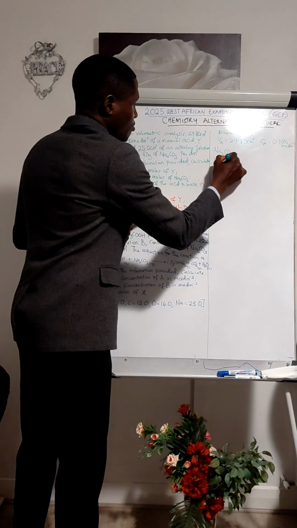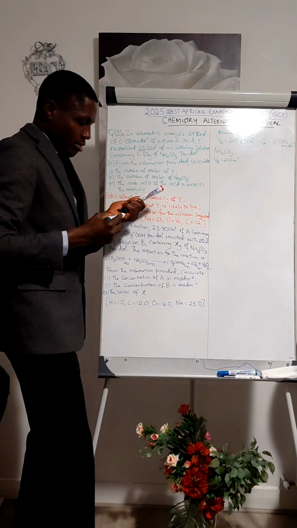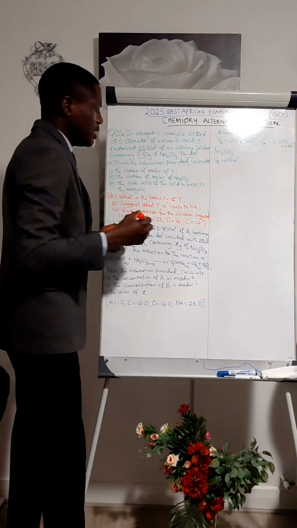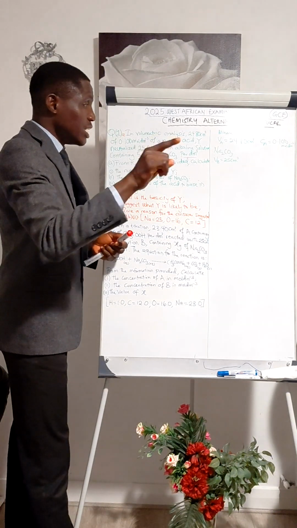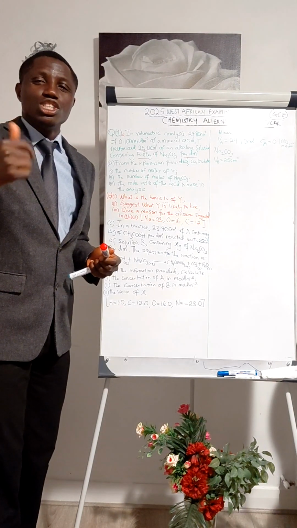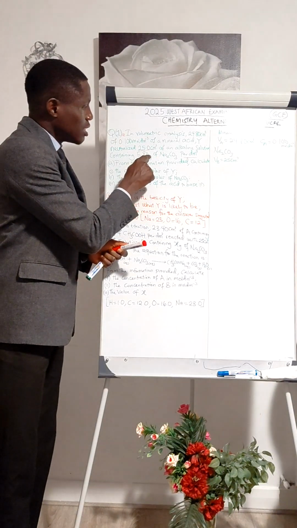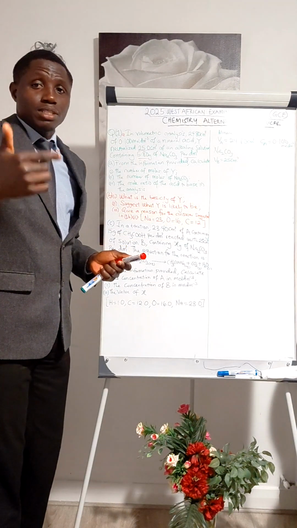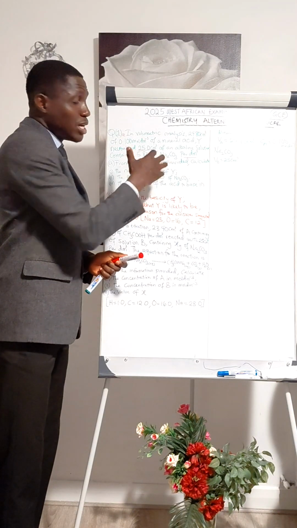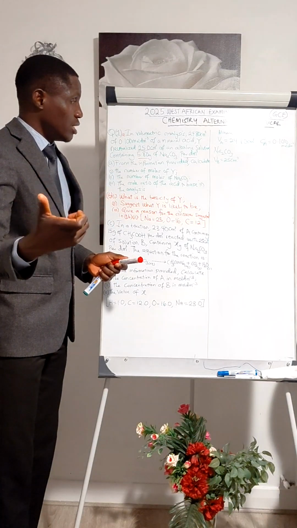The volume pipetted is VB, which is 25 centimeter cube, and it contains 5.8 gram per dm cube. Listen, 5.8 gram per dm cube is saying something to us. It is a concentration in gram per dm cube, that is, the sodium trioxocarbonate IV was dissolved in a volume of 1 liter of water.